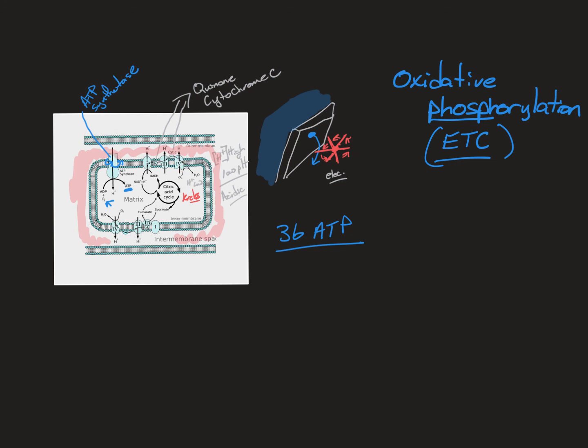And that allows us to make this whole thing work. The reason this is important is because it makes us a lot of ATP really quickly. The alternative is substrate level phosphorylation.